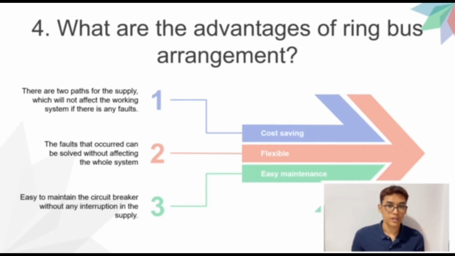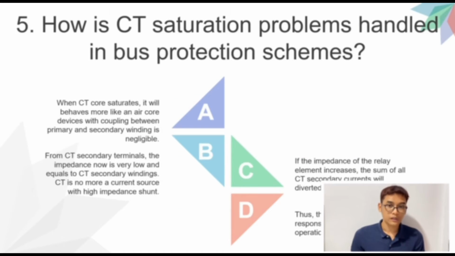Now, for question 5, how is CT saturation problem handled in the bus protection system? When the CT core saturates, it will act as an air core device, so the primary and secondary winding can be neglected. From the CT secondary terminals, it will become a very low impedance, equal to the CT secondary winding.